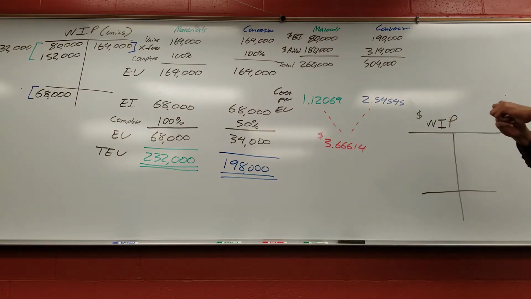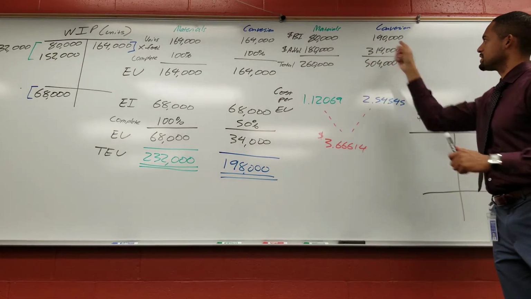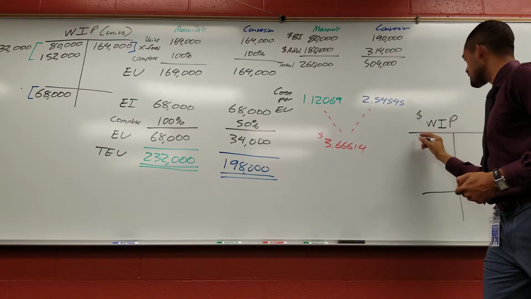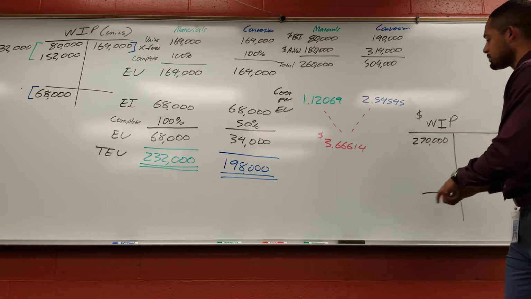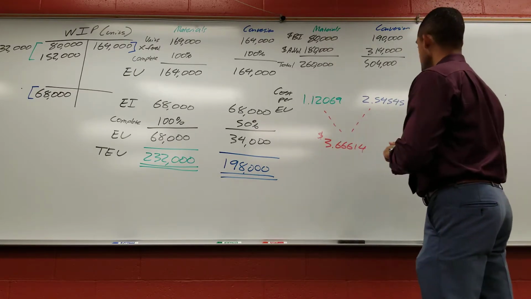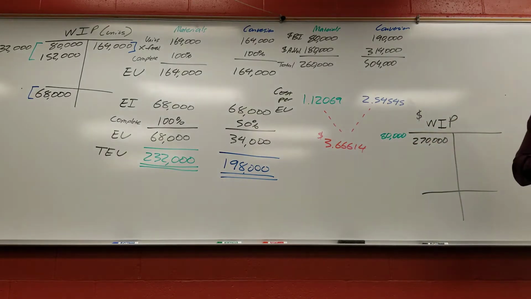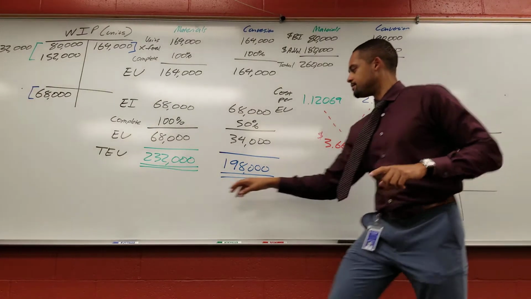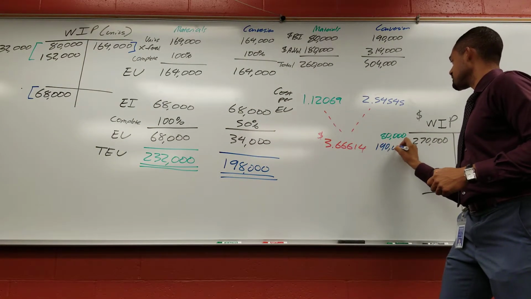Beginning. We know the beginning cost of work in process is exactly $270,000. We know it's $270,000 because just like the problem said, they gave us $80,000 for materials, and they gave us $190,000 for conversion. 80,000 plus 190,000 will get us our 270,000.